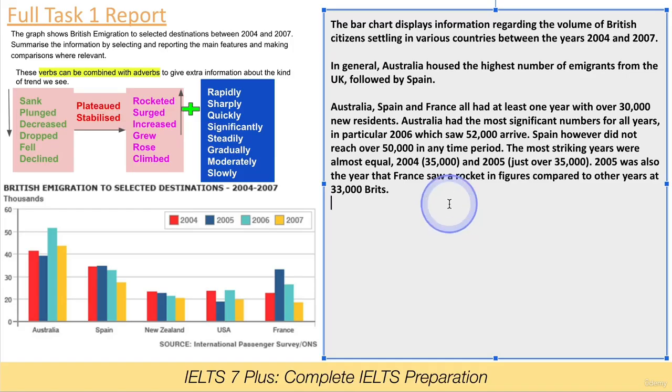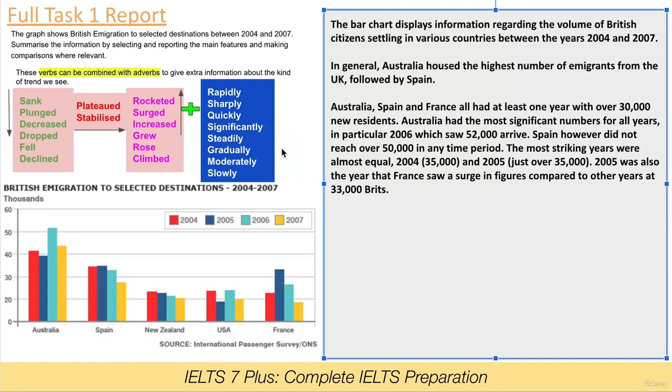The most striking years were almost equal. 2004, 35,000, and 2005, just over 35,000. 2005 was also the year that France saw a rocket in figures, maybe a surge in figures compared to other years at 33,000 Brits. Okay, I think that's good.